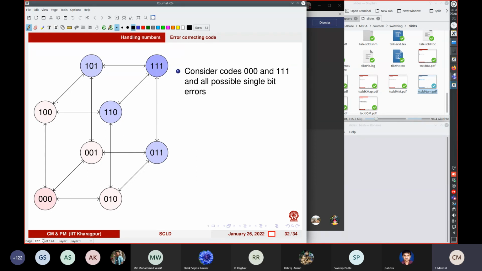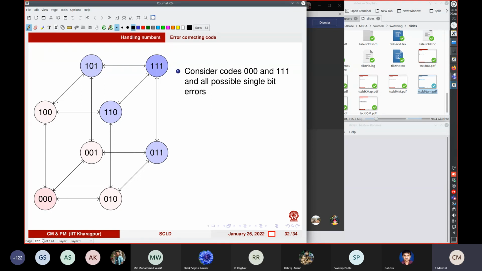If there is an error in any one bit, then if the code 111 gets corrupted, the possible erroneous codes are 101, 110, and 011. Similarly, if the code all 0 gets corrupted, the possible erroneous codes are 100, 001, and 010. All right.